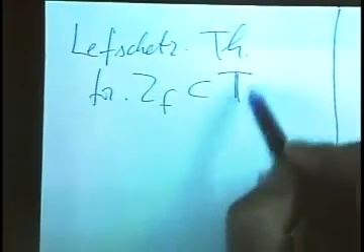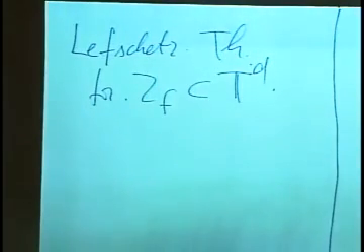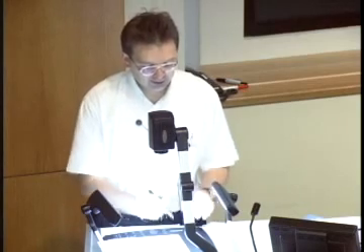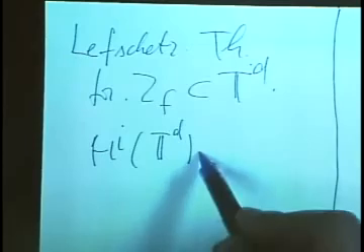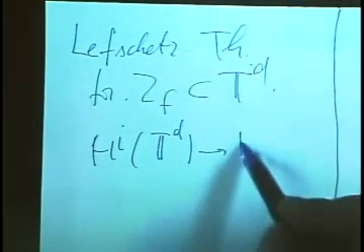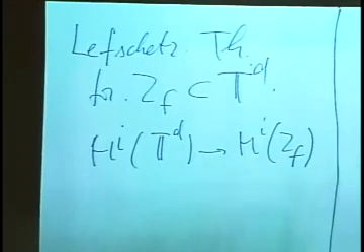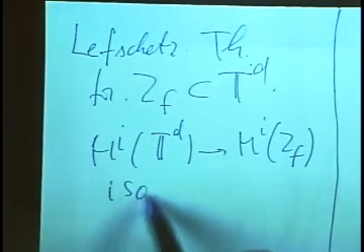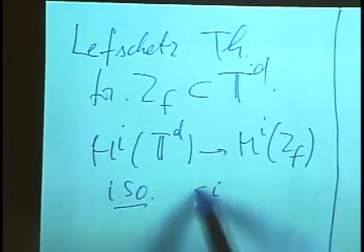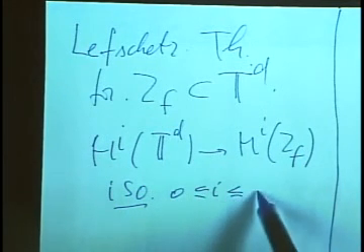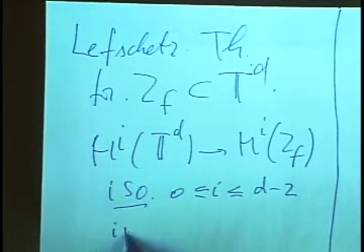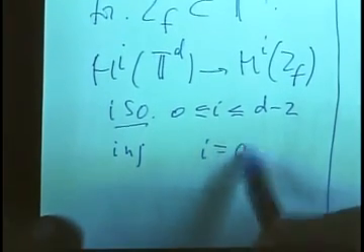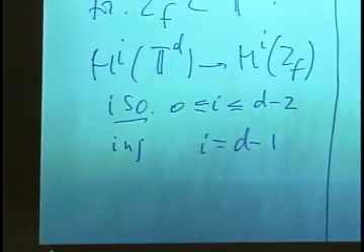It says that if you take the cohomology H^i of the torus and take the restriction map to the cohomology of the hypersurface, then it will be an isomorphism for i between 0 and d minus 2, and it will be injective for i equals d minus 1.